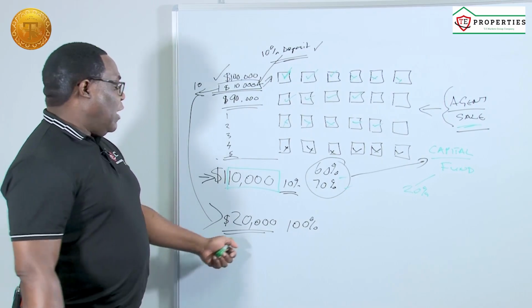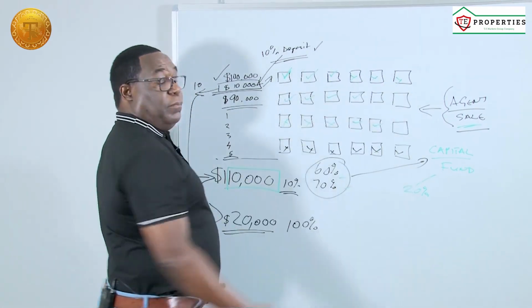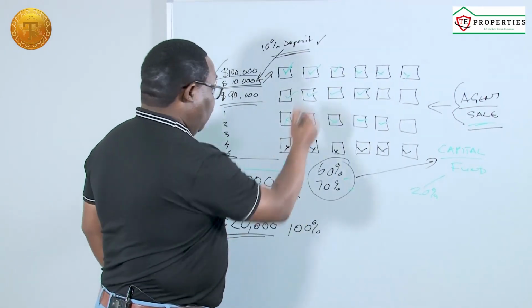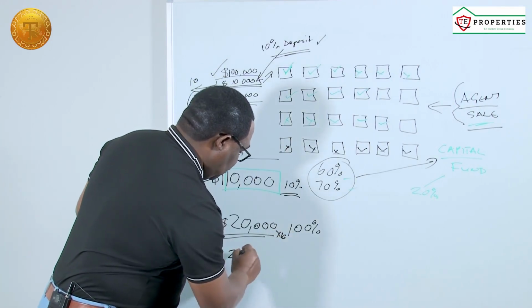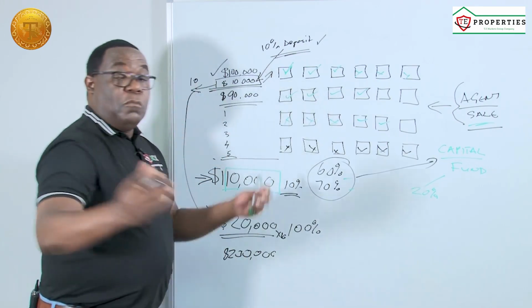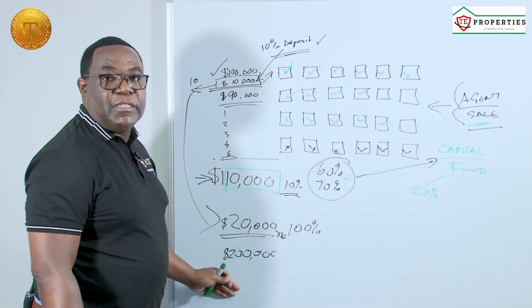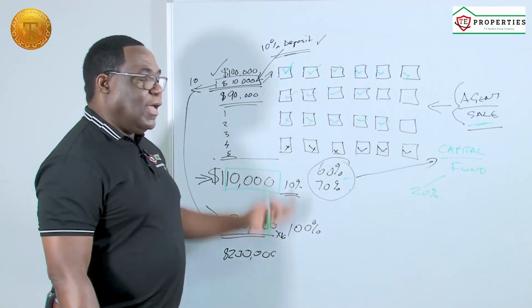Now, you say, oh, only 20,000. Yeah, well, if the development was large and you bought 10 of these units, you can 10x that, and then that is 200,000 that you've made. And if it was quite a large development, you bought 100 units, that would be $2 million that you would have made. So that is how we do this.